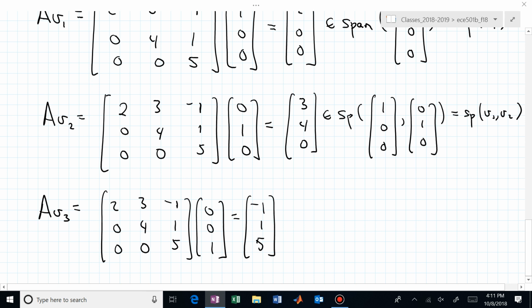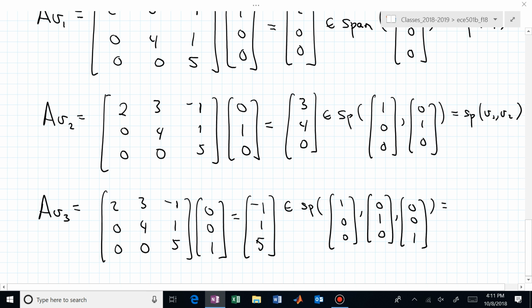We pull off the third column, and that's now in the span of all three of those original vectors, V1, V2, and V sub 3.